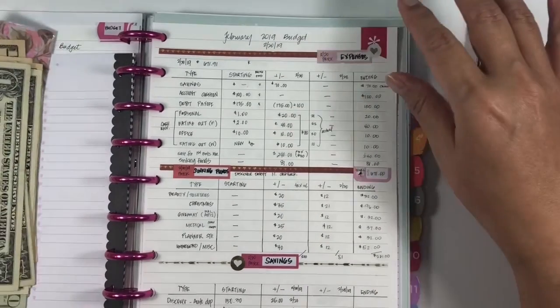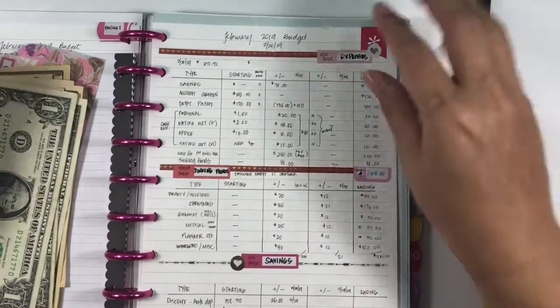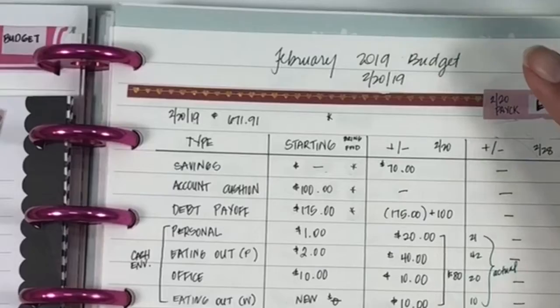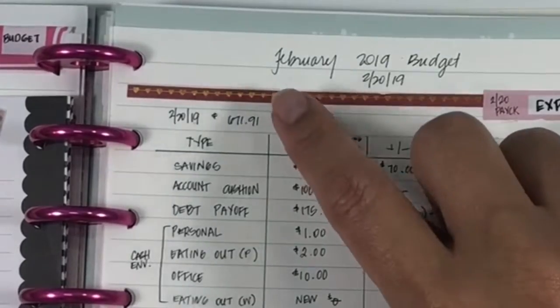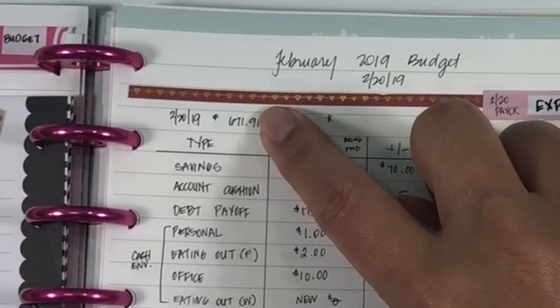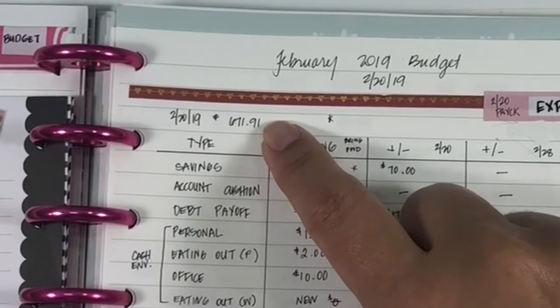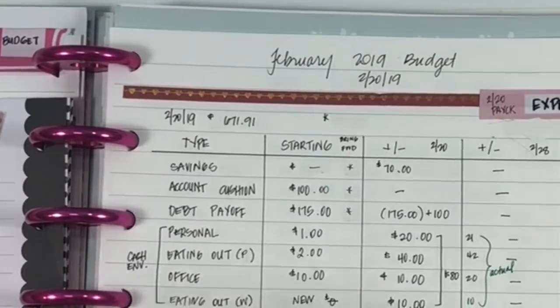So for the week of the 20th, coming in after I paid all of my bills, I had $671. Now that's actually quite high for me. Typically it's around $450, $460, but I did have a tax refund that I used, and I still had a little bit of that left, and then I'll show you where that money went.